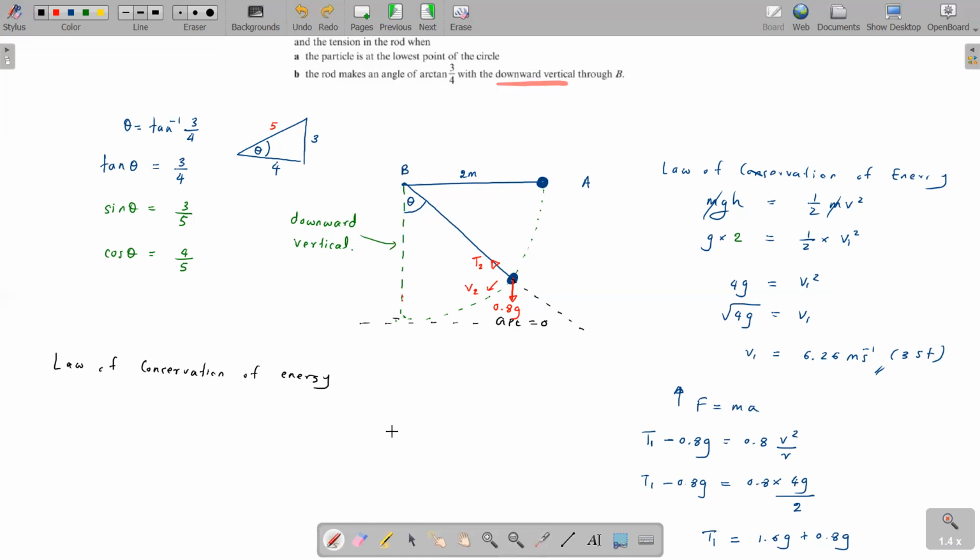All right, so law of conservation of energy, I'll consider from A to this point. At A, I have mgh. I'm considering the GP0 level down over here. And at this point, I have the potential energy.